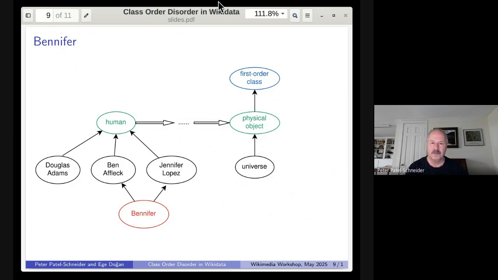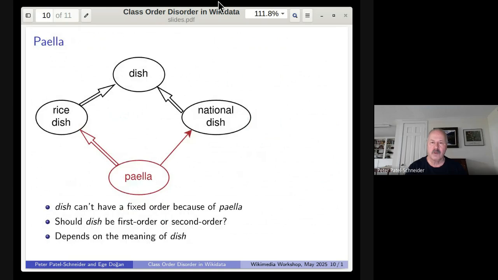Other problems our queries identified have to do with mixing up instance of and subclass of relationships. For example, the class dish violates the requirements for fixed order classes because paella is both an instance and a subclass of it. This is a common problem in Wikidata, where there is often a confusion between the instance of and subclass of properties. Problems resulting from this confusion make it difficult to determine just what the meaning of many classes are.